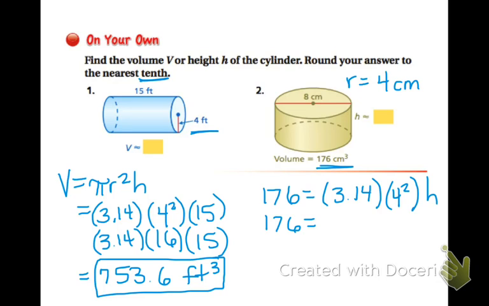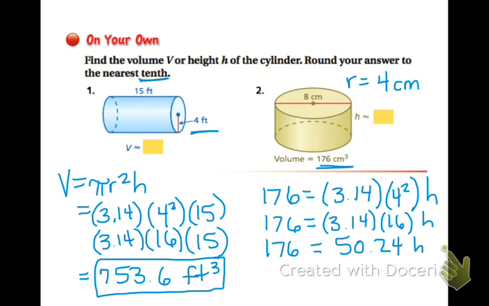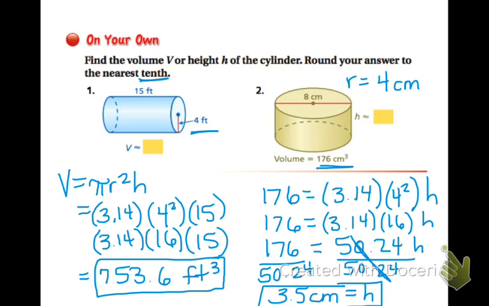So when you take 3.14 times 16 times h, you get 50.24 for those, the product of pi and the radius squared for the area of the base. So we will divide both sides by our 50.24. And we will get 3.5 centimeters is equal to the height. Knowing that by dividing by this, it cancels that out, and we're left with the height dimension by itself. We've isolated the variable that we've needed.